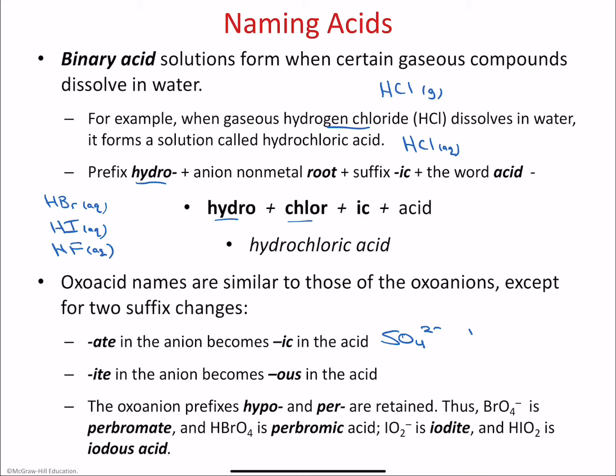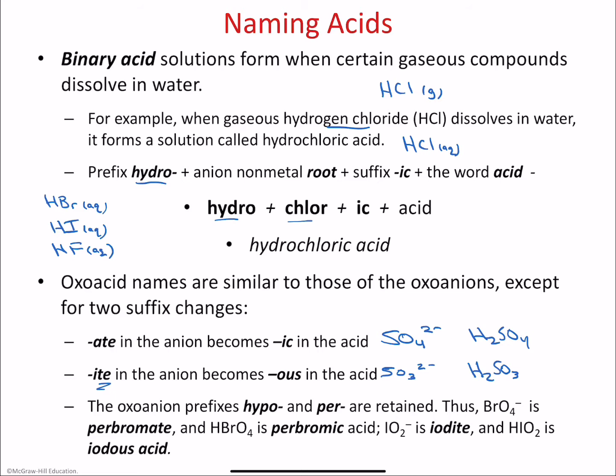So if I have H2SO4, that would be sulfuric acid. Then if I have the ite, so if I had, let's say, for example, sulfite, which is SO3 2-, then I would have H2SO3. Of course, you need two hydrogens to balance out these two negative charges. This would be sulfurous acid.